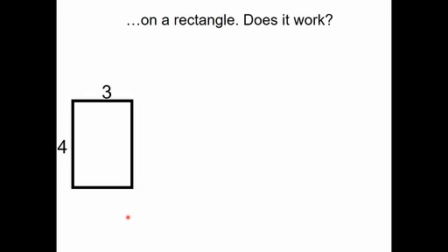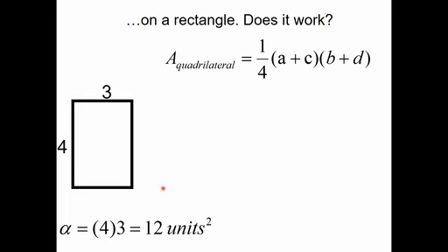Does it work on a rectangle? Well, from earlier in this chapter, we know that the area of a rectangle is length times width. So this one should come out to 12. Does it work with the Egyptian process?